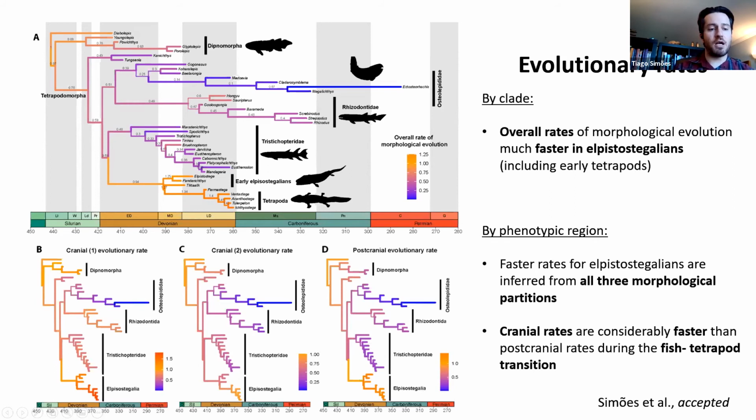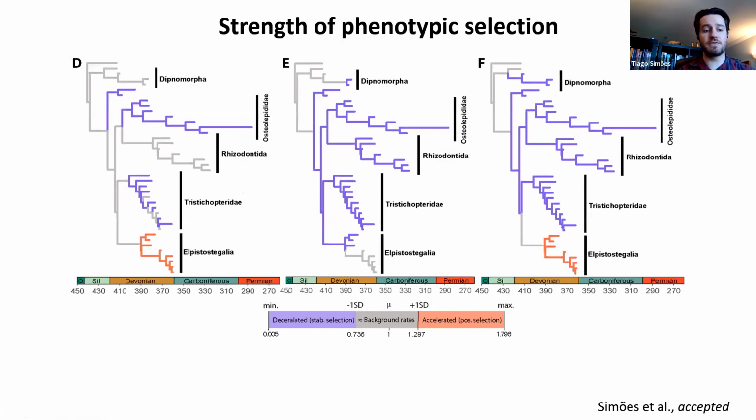When we try to see how rates are significantly faster or slower, indicative of positive selection or stabilizing selection, we find that we have rates close to background among some of the ancestral nodes, but we have really low rates, indicating stabilizing selection, for most of those clades, especially for this one here, which is the cranial partition number 2 and the postcranial partition, and for two clades with the cranial partition 1.